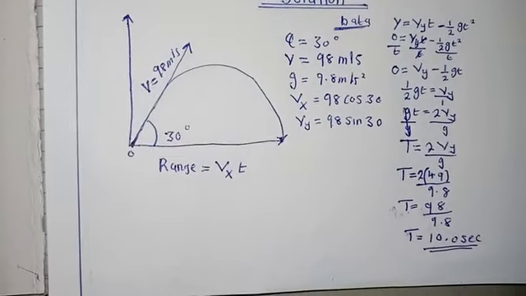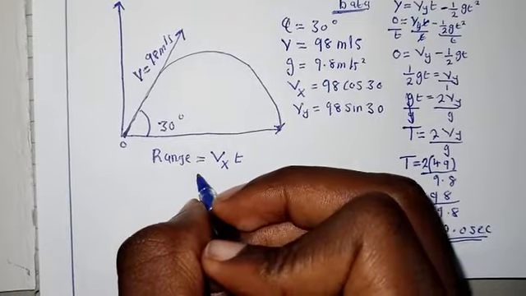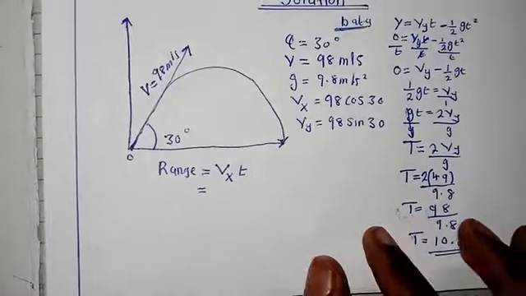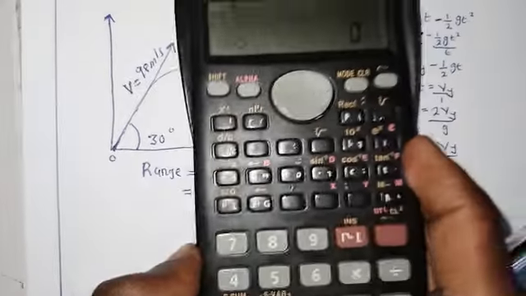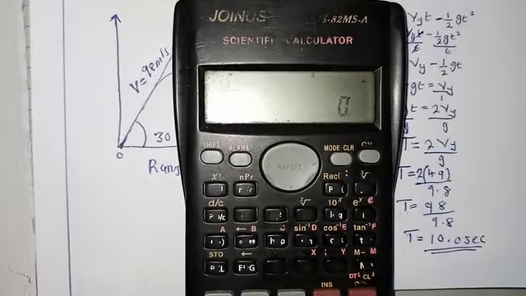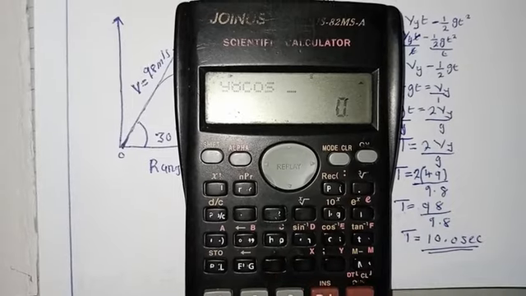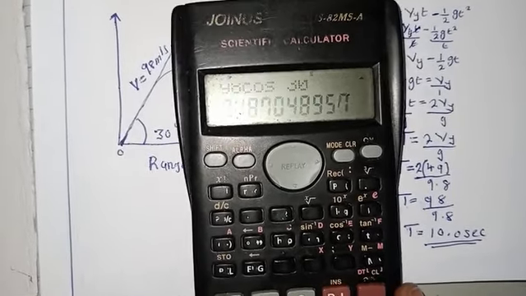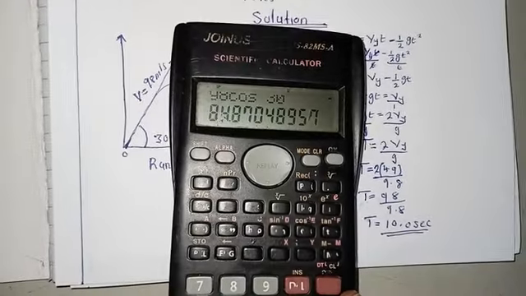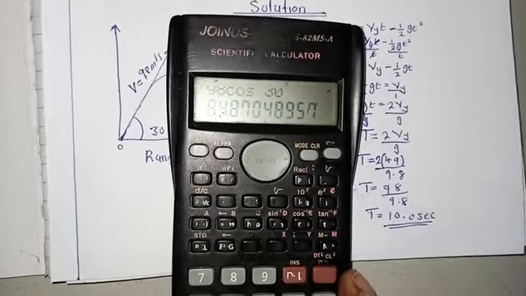Okay? So now, range, what is Vx? Vx is simply this one. So it's 98 cosine 30. It's going to give us 84.87.